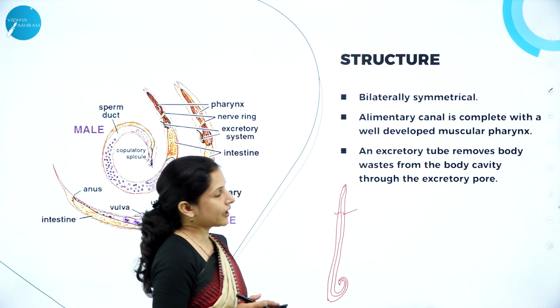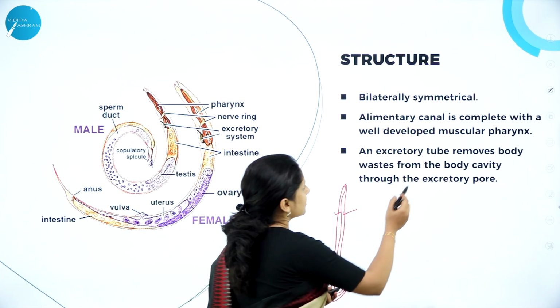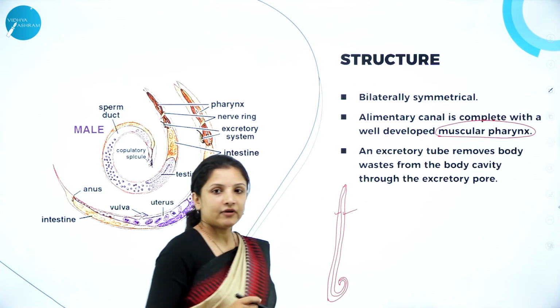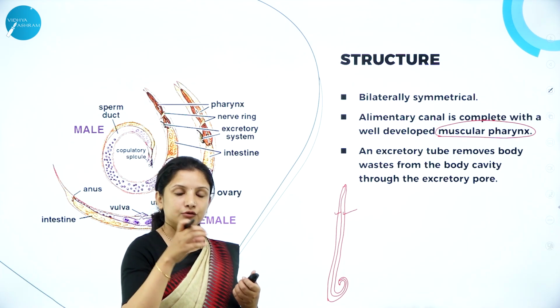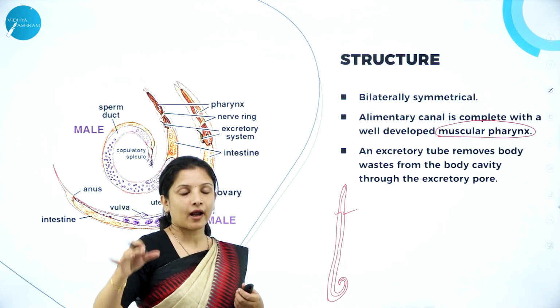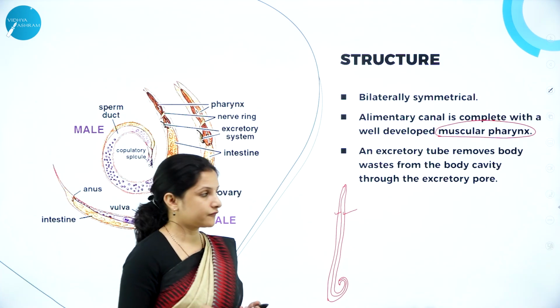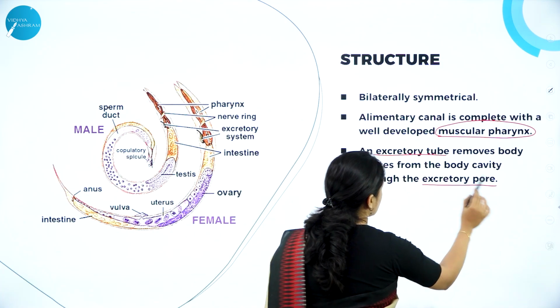And the alimentary canal, that is the digestive tract, is complete and it has a well-developed muscular pharynx. So they have an excretory tube that carries the excretory waste up to the excretory pore, and it is through the excretory pore that the waste is eliminated out of the body. So they have an excretory tube and an excretory pore.